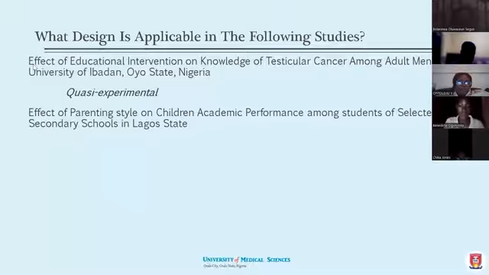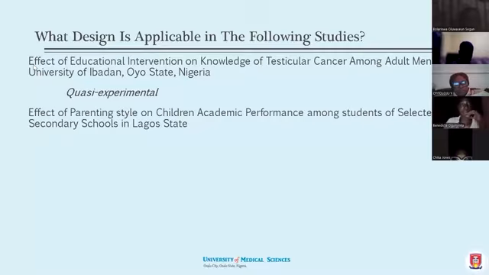Okay, non-experimental, descriptive, non-experimental. All right. Now, when students write this kind of topic for research, the first thing that comes to mind is, how are you going to measure this effect? Let it register in your mind.